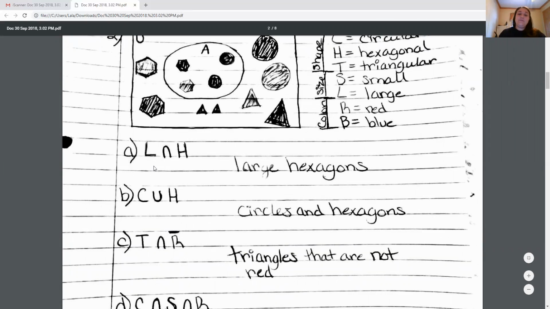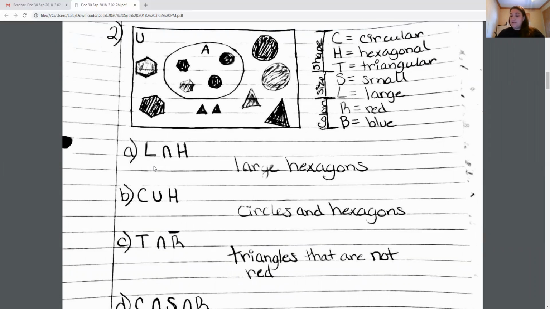So now this one is L intersect H. If you remember from before, what that means is it's both. L is for large, so it's large, and then the H is for hexagons.